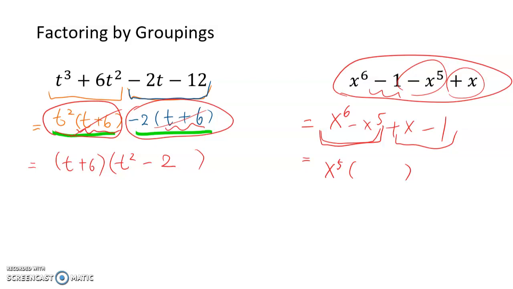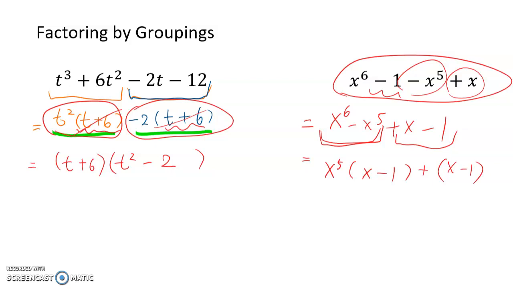Inside the parentheses, x to the 6th divided by x to the 5th is x, and negative x to the 5th divided by x to the 5th is negative 1. For plus x and negative 1, there's no GCF, so let's just write it down, x minus 1, and put it in a group using parentheses.